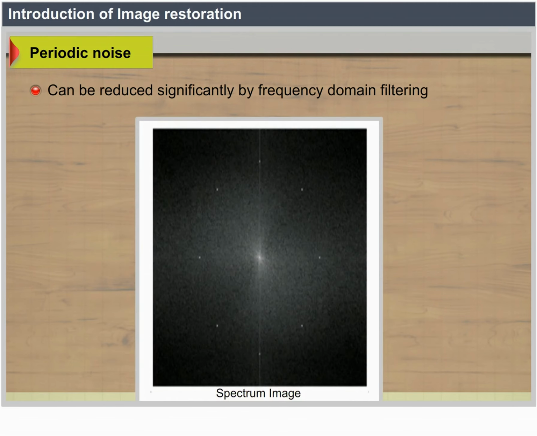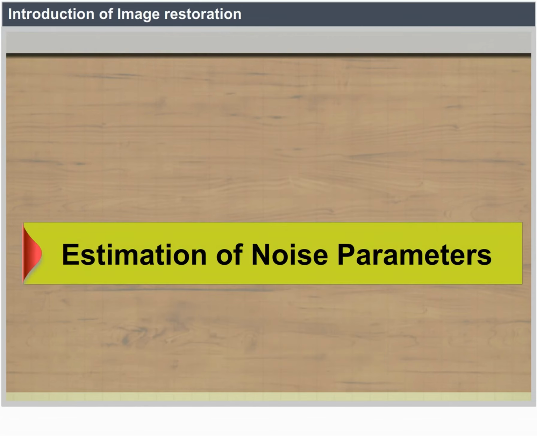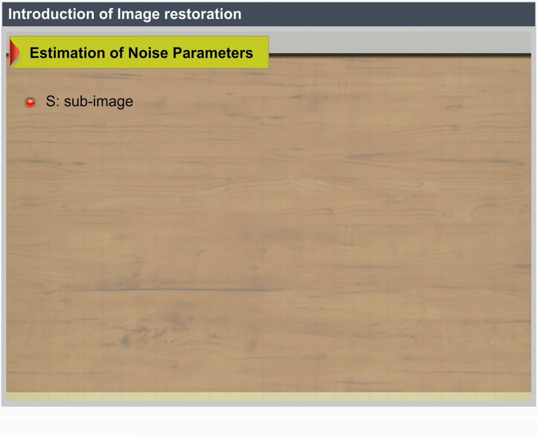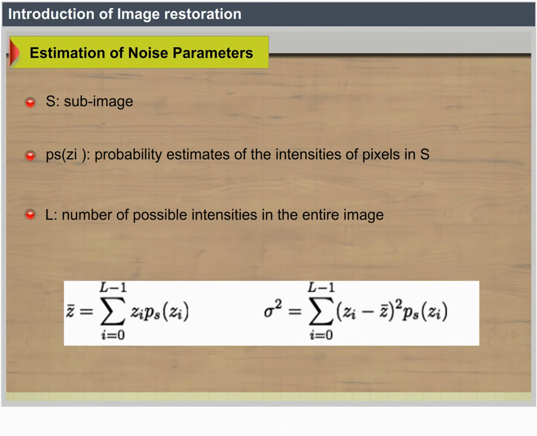It can be reduced significantly using frequency domain filtering. Estimation of noise parameters: S is a subimage, p_S(z_i) are probability estimates of the intensities of pixels in S, and L is the number of possible intensities in the entire image.